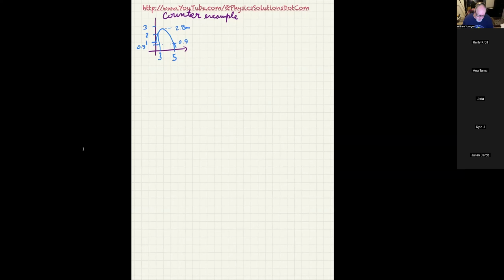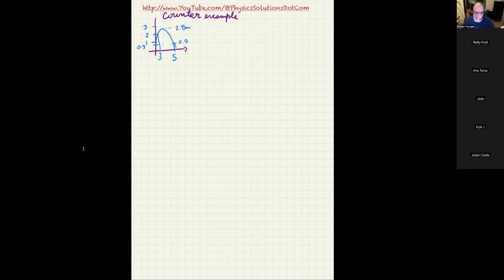So the distance traveled is, they went from 2.0 to 2.8, so that's about 0.8 up. And then they went from 2.8 to 0.9, so that's about 1.9, or down, I should say. So the total distance traveled in this case would be 0.8 plus 1.9, which would be 2.7.